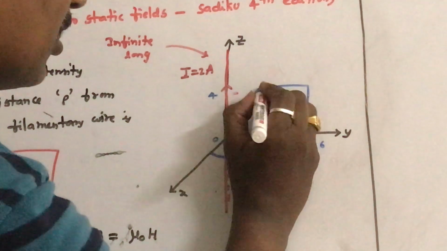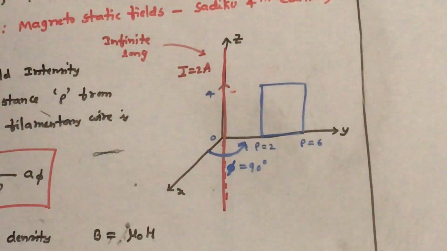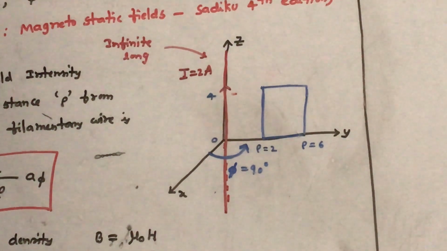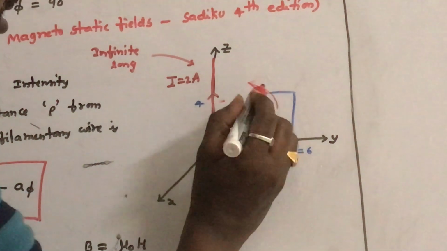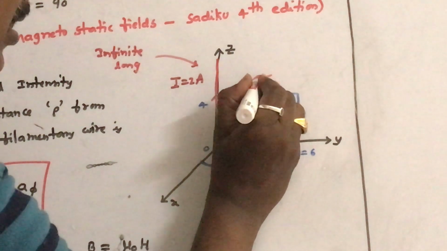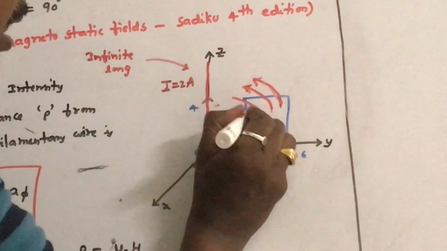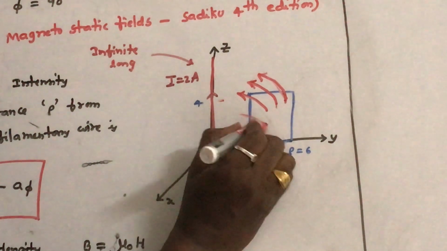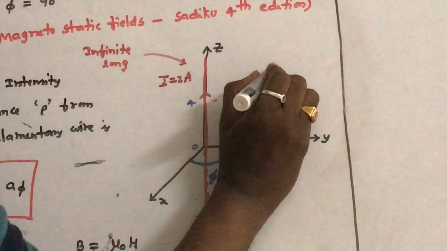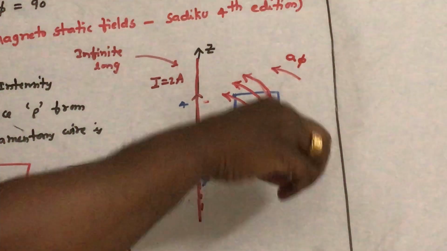So this is the square loop described by the given dimensions. What is asked is the magnetic flux crossing this surface in the A phi direction, because this is the A phi direction. We need the magnetic flux passing through this surface.